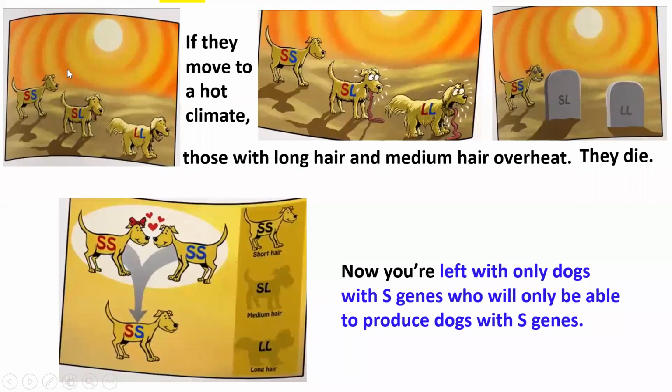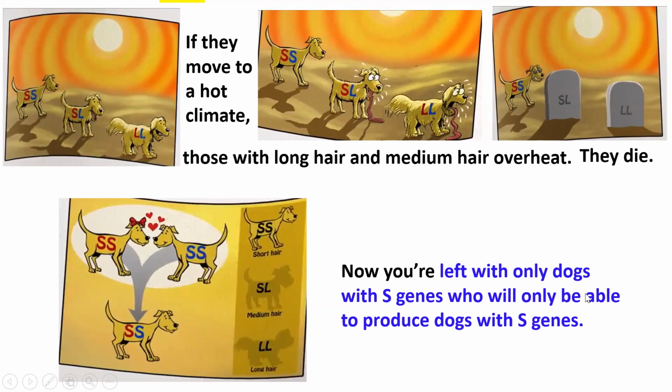Now, if they move to a hot climate, what happens? We still have the same three kinds of dogs moving to a hot climate. Those with long hair and medium hair overheat and die, leaving only the short hair. So now you are left with only dogs with S genes, which will only be able to produce dogs with S genes.